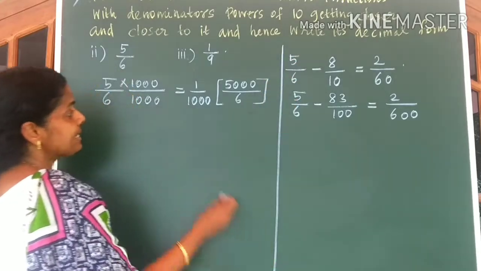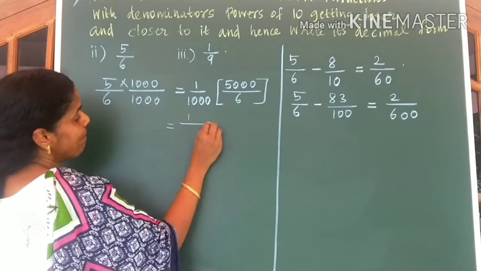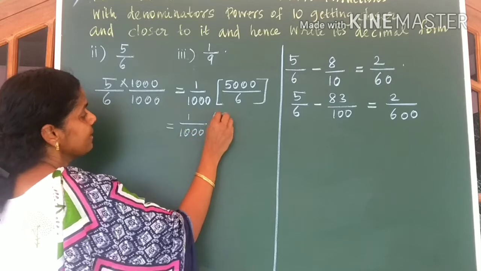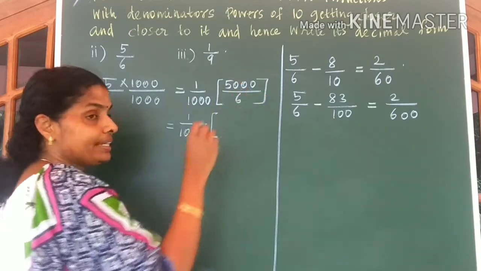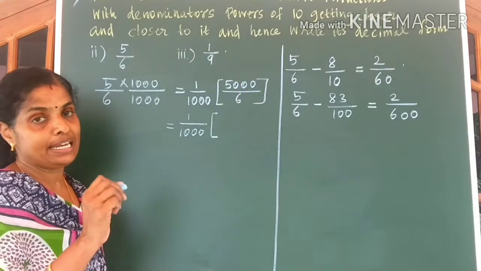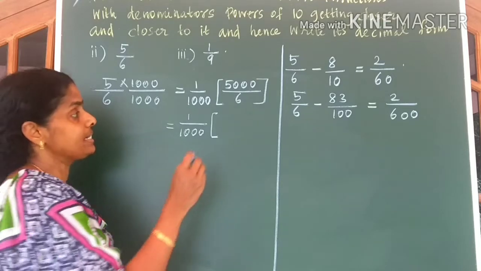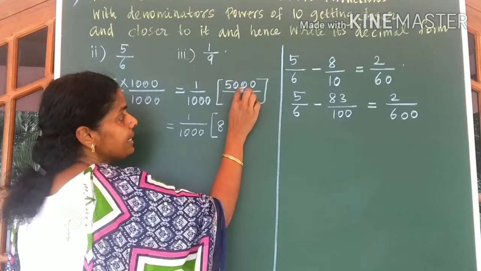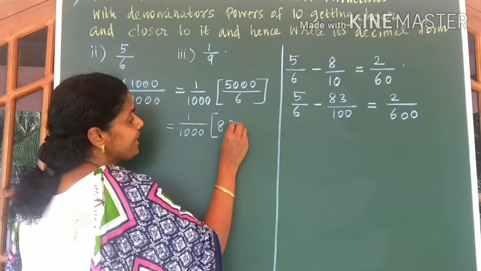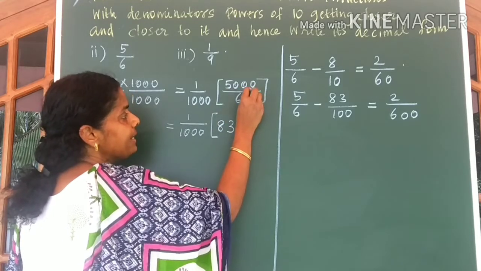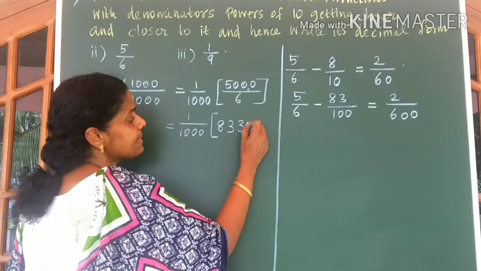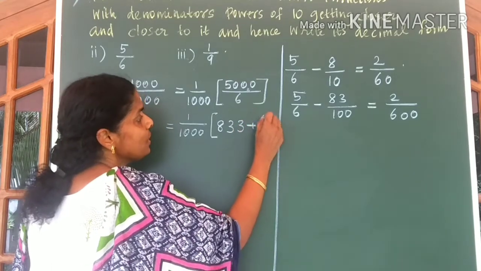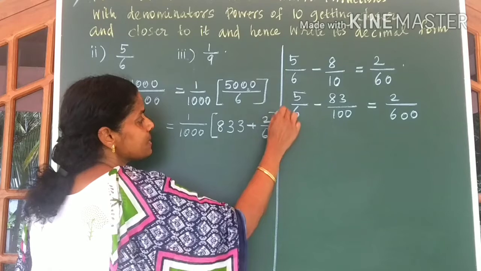Now we can write this as 1 by 1000. Again, split this improper fraction into a whole number and a fraction. So we will get 8 6s are 48, 2 balance, 3 6s are 18, again 2 balance, 3 6s are 18 plus 2 by 6.